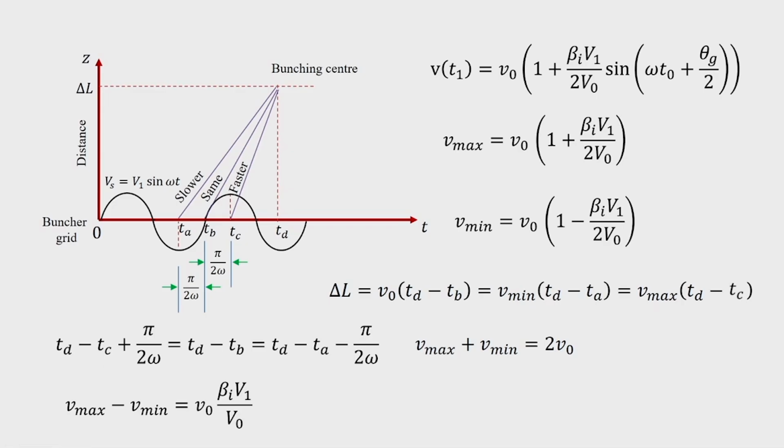and then V max into T d minus T c can be replaced by V naught into T d minus T b. Similarly, this side we can multiply it by V min.